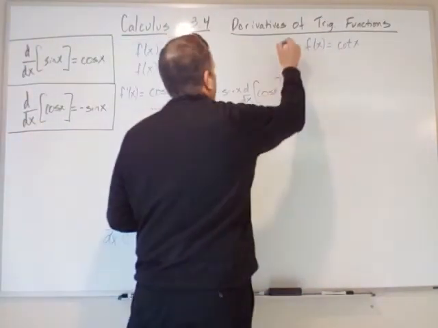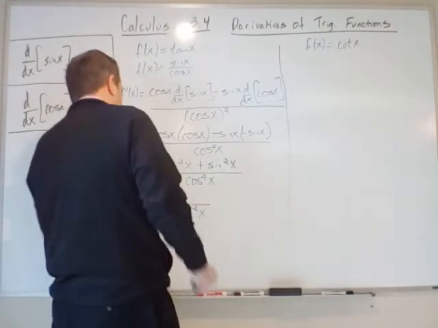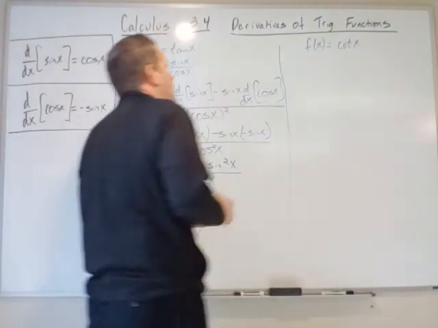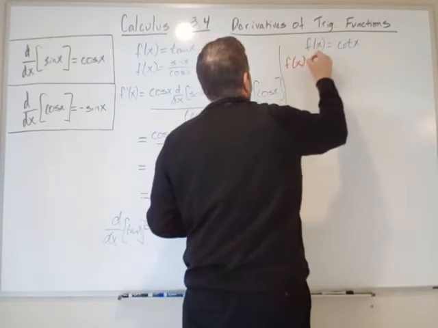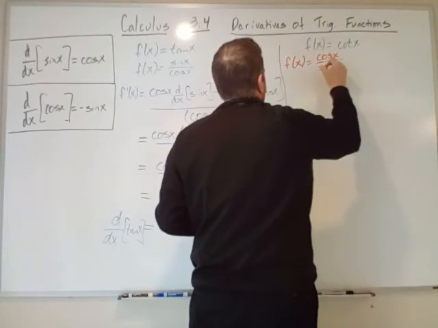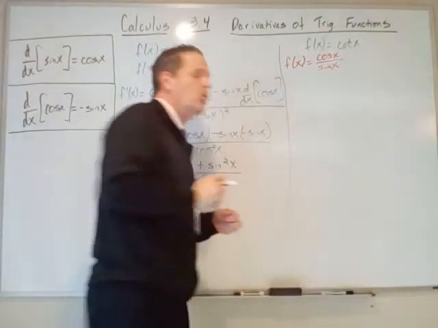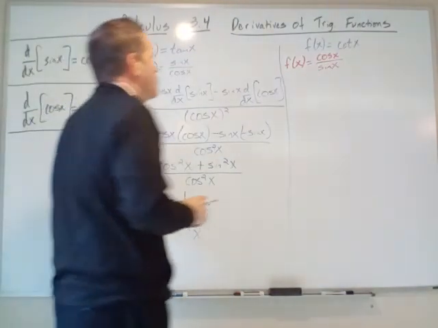Okay, let's try it again. It's going to be very similar work, but this time, let's do the cotangent. Okay, and again, cotangent itself, f of x equals the cosine of x over the sine of x. We've got a quotient. Again, cotangent is one of the quotient trig functions.